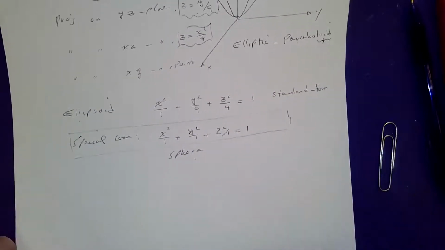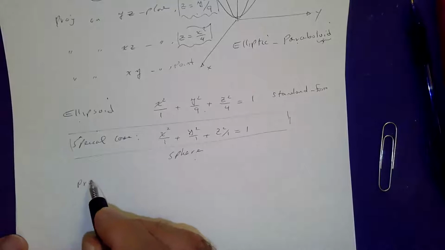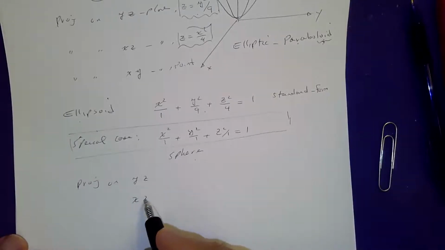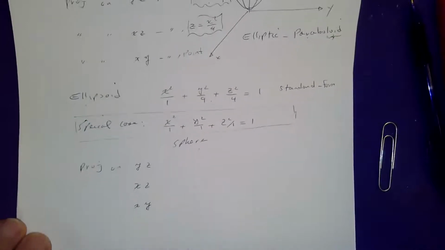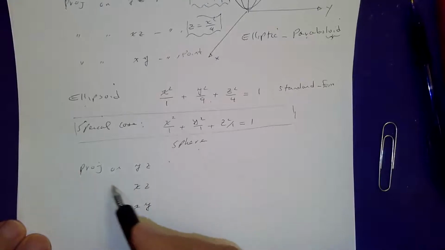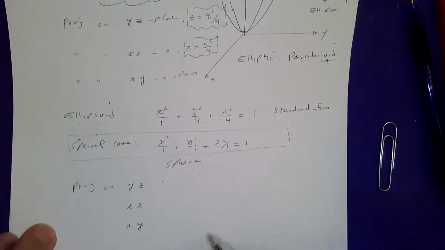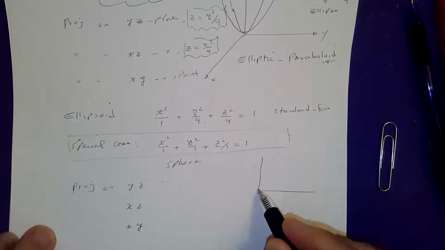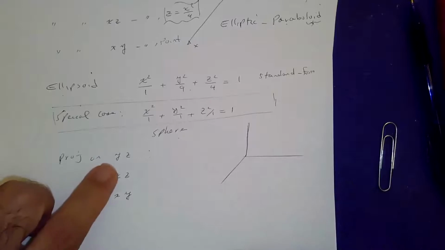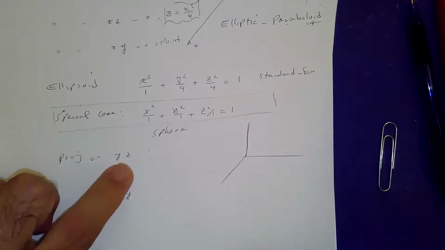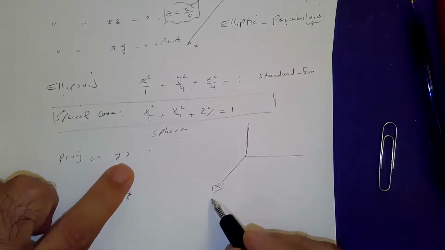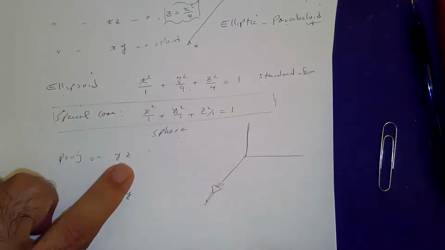So how do you do this? Once again, you find a projection on each plane, such as YZ, XZ, XY. Remember, projection means shadow. If this is your three-dimensional axis, when I say find the projection of the surface on the YZ plane, you're shining the light through the x-axis.